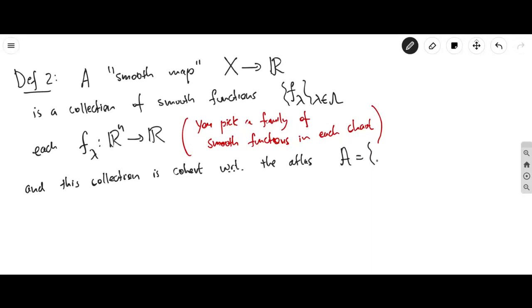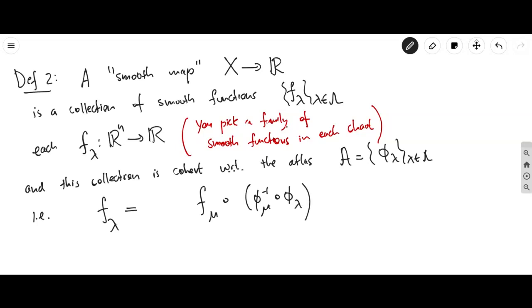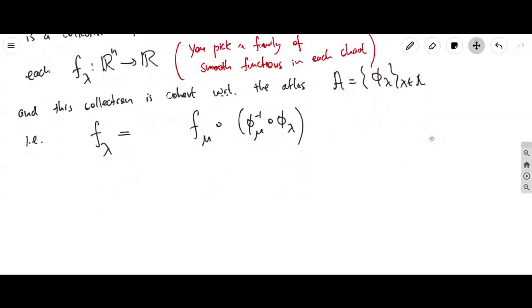What does coherent mean? It means, if you have f lambda and you have f mu, the condition that has to be satisfied involves f mu inverse composed with phi lambda. This is what we mean by coherence.